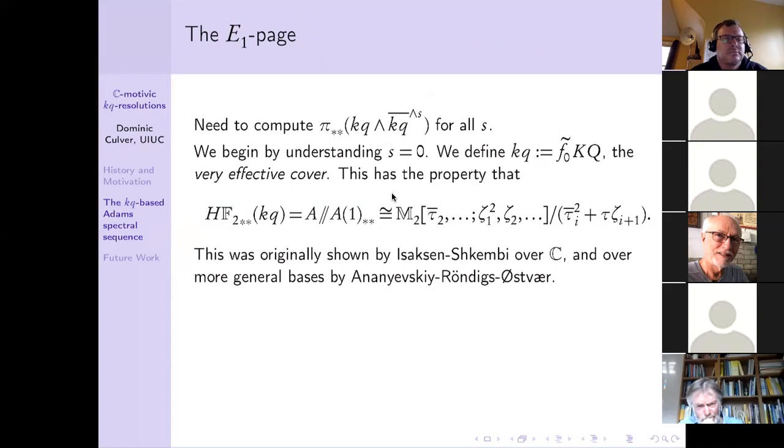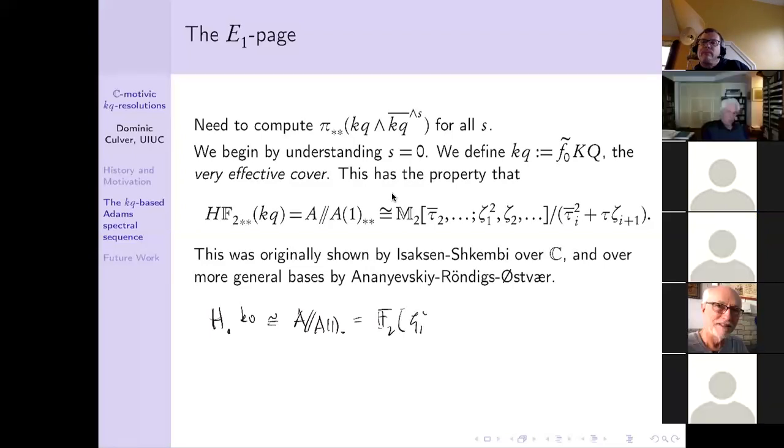So, by way of comparison, let me make this thicker. If you look at the mod 2 homology of real K-theory, that's A modulo A(1) dual, which is the subalgebra of the dual Steenrod algebra. Let me write it more like this. Which is a polynomial algebra on zeta 1 to the 4, zeta 2 squared, zeta 3, and so on.